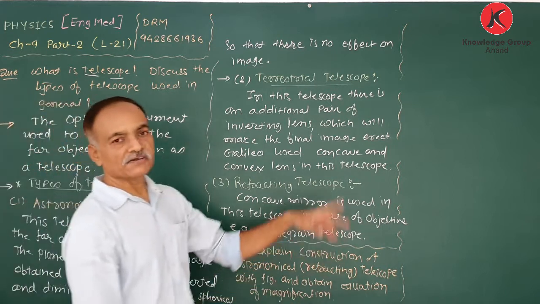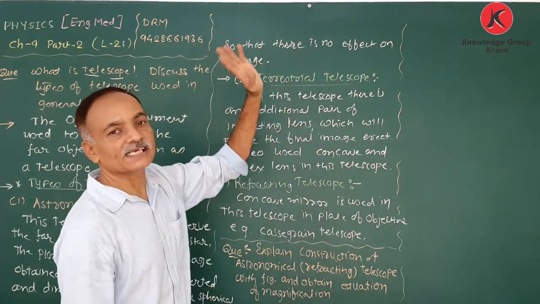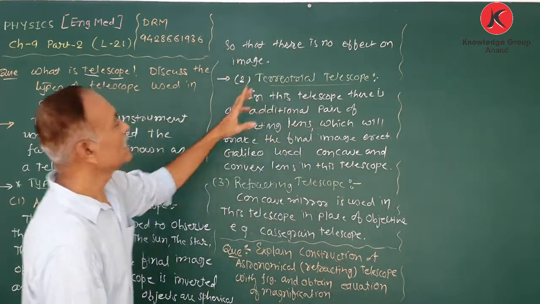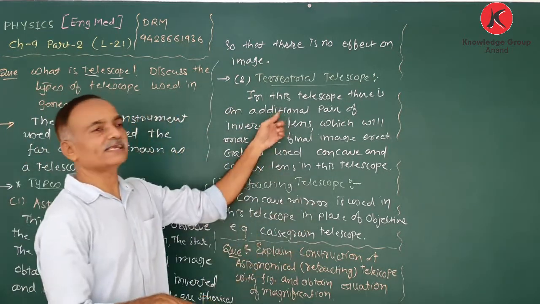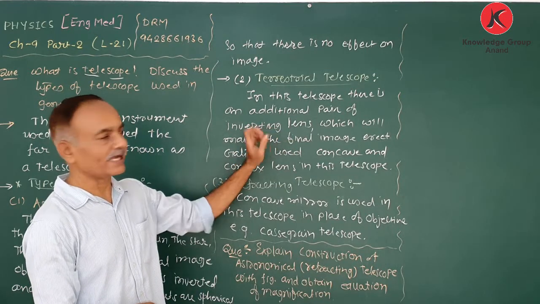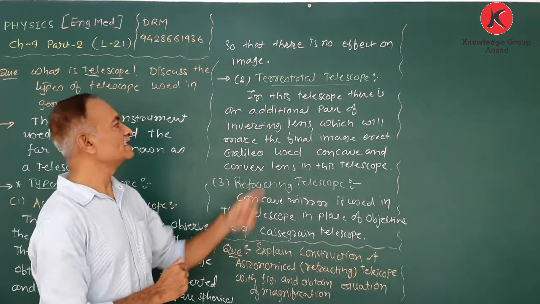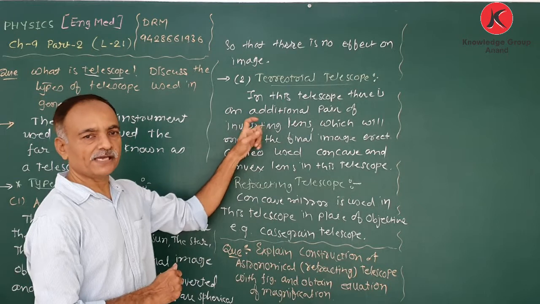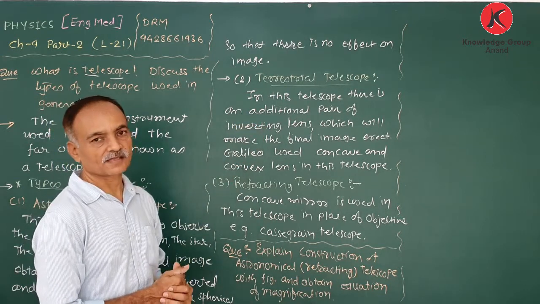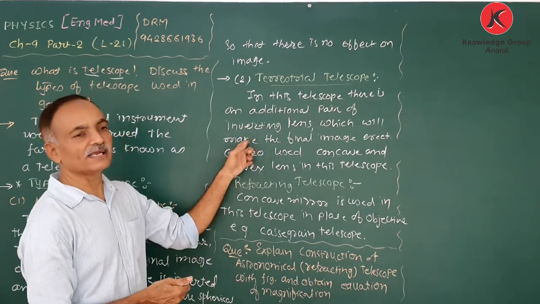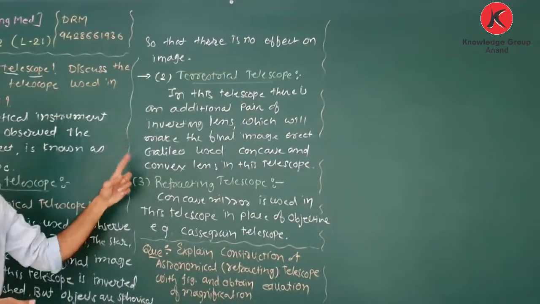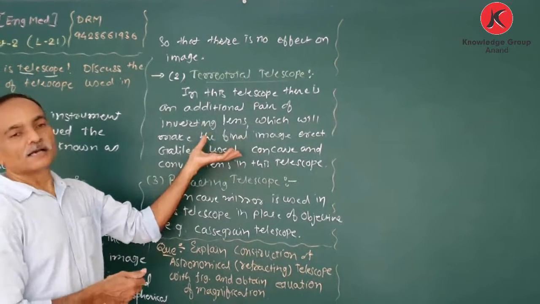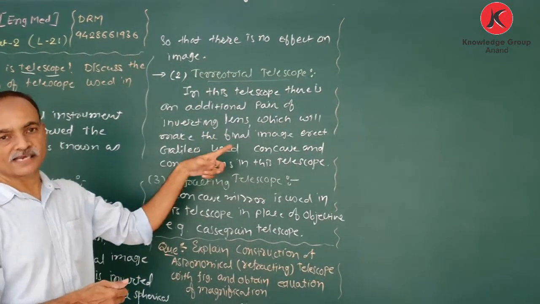Okay. Now next is the terrestrial telescope. In this telescope, there is an additional pair of inverting lenses, which makes the final image clear. Because we already discussed that in the astronomical telescope, the image formed is inverted.